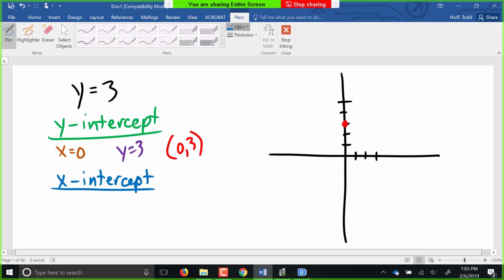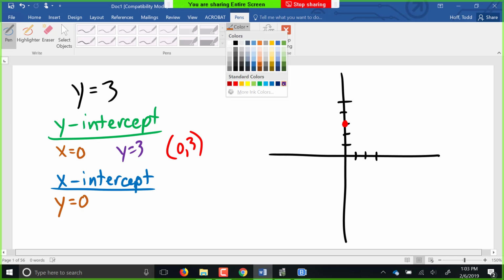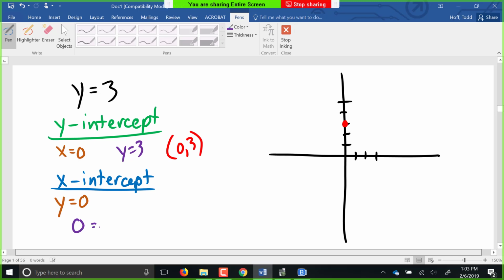How do we find the x-intercept? You put 0 in for y. Is it possible for y to equal 0 here? No, it is not possible.